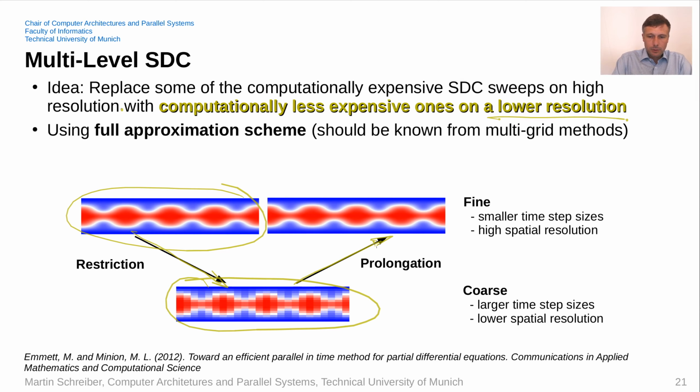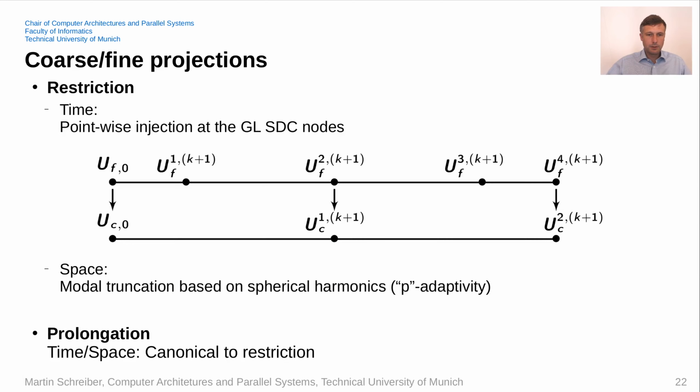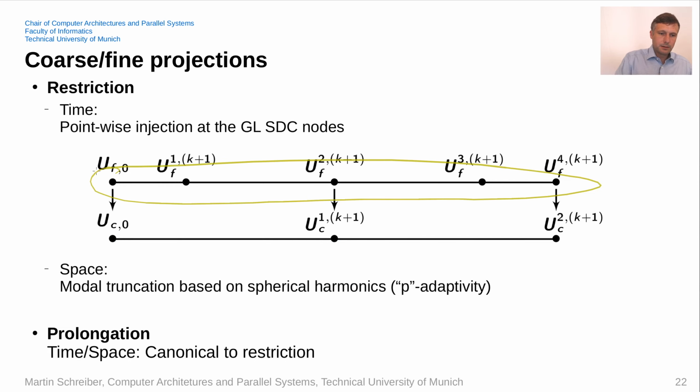Now the interesting thing is how that works together with the SDC methods, and that's pointed out on that slide. So the first points up here, these guys here, that's depicting the time steps for the spectral deferred correction on the fine grid. So that would be one time step, that would be another time step, that would be another time step, and another time step.